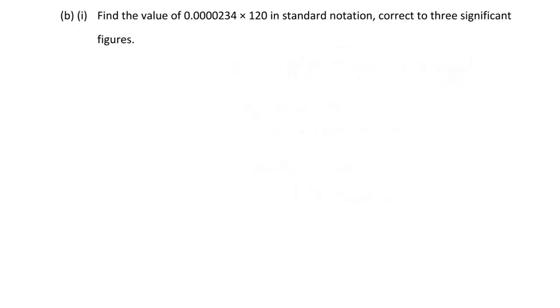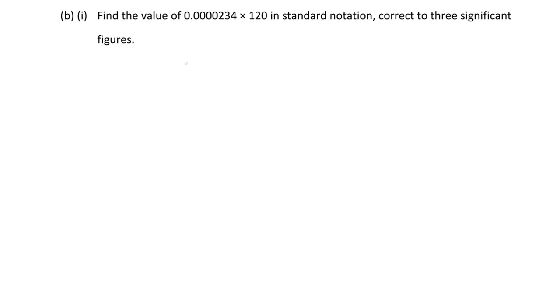Moving on to part B of the question, Roman 1, we are supposed to find the value of 0.0000234 times 120 in standard notation, corrected to 3 significant figures. Okay, so first we are going to express these numbers in standard notation.